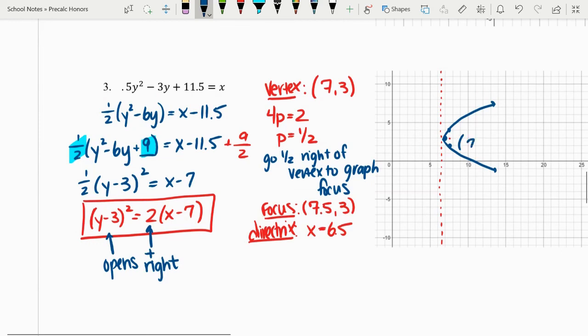This one would be (7.5, 2) and this one would be (7.5, 4), two points on the parabola. You could also get points on the parabola by just subbing numbers into the equation. So that's another example of putting a parabola in standard form and graphing. You guys can try out the rest.